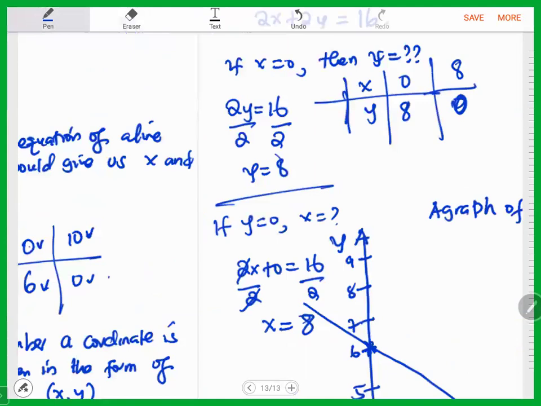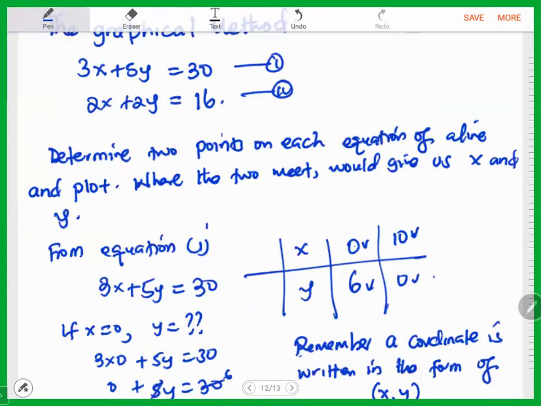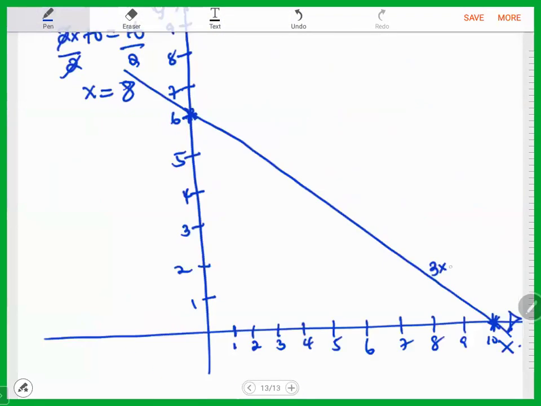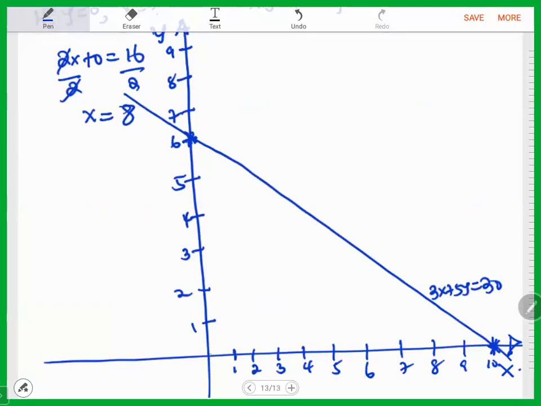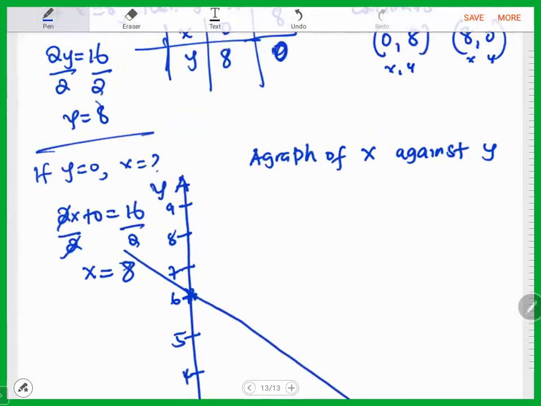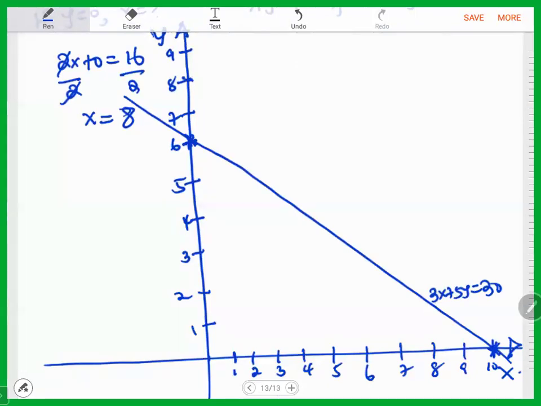And I'll go ahead and plot the second one, x plus 2y equal to 16. 0, 8. Move 0 positions on x and 8 on y. 0, 8, which is here.